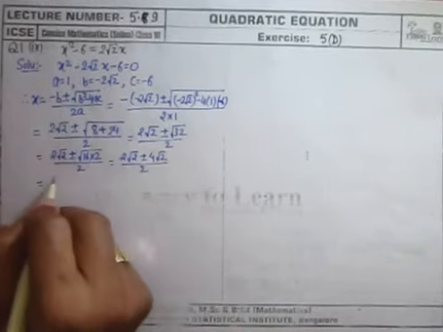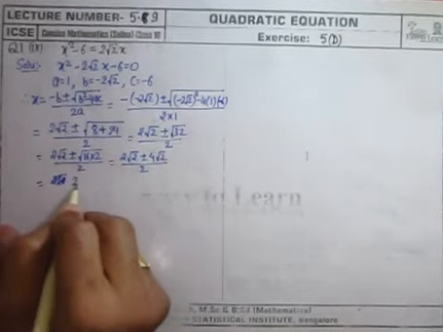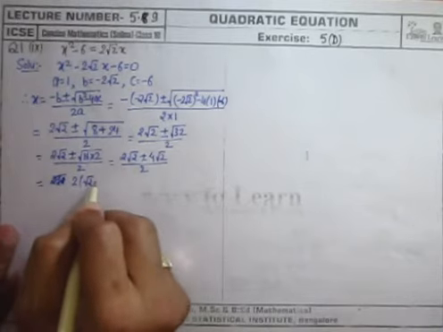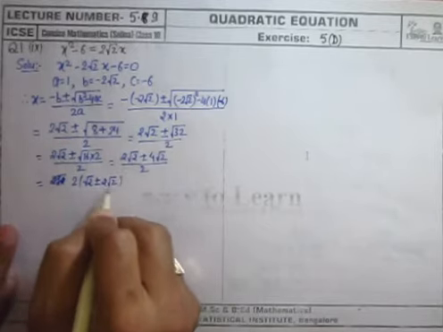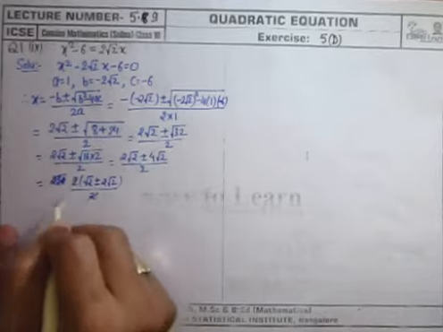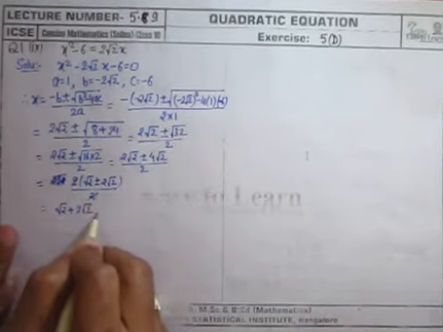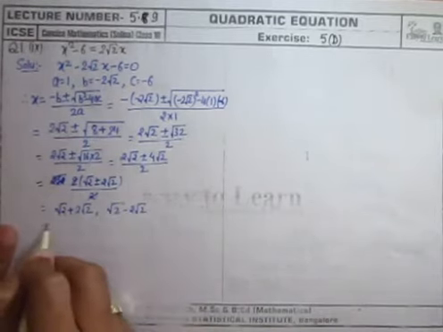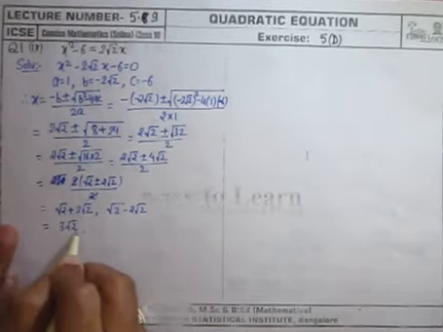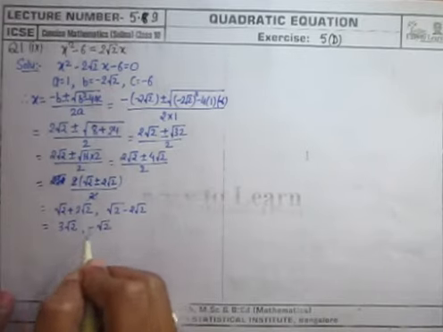So one answer will be, take 2 common, so root 2 plus minus 2 root 2 by 2. So 2 cancel, so one answer will be root 2 plus 2 root 2 and the other answer will be root 2 minus 2 root 2. So 3 root 2 and minus root 2. So these are the solution set.